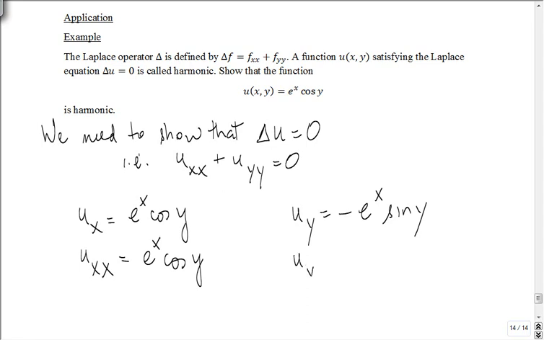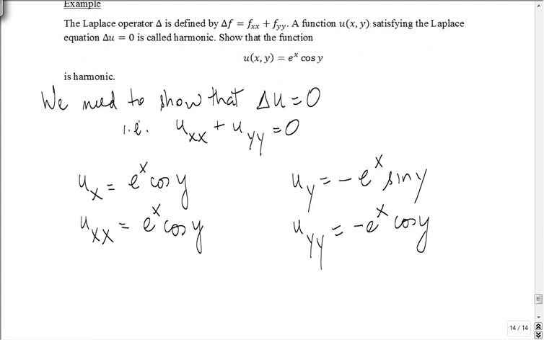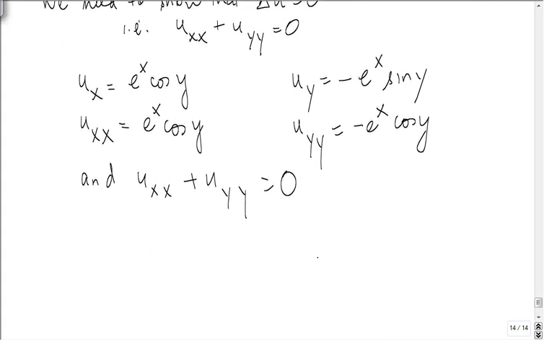And then give me uyy, partially differentiate uy with respect to y. What's that? Negative e to the x cosine y. And as you can see, uxx plus uyy is clearly 0. Okay, is that it? Yes, sir.